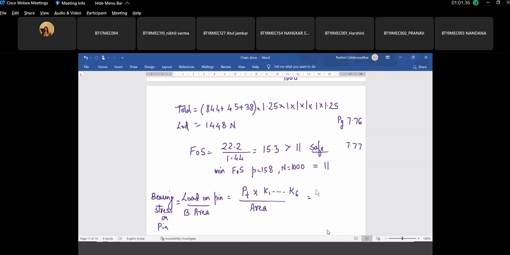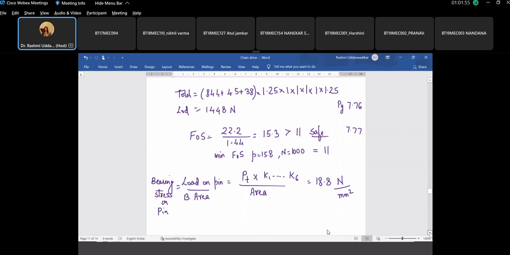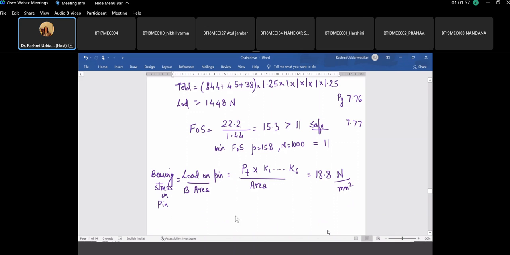This bearing stress is 18. Okay, units: Newton per mm square. Same page, below the minimum value of factor of safety, what is the value of allowable bearing stress?